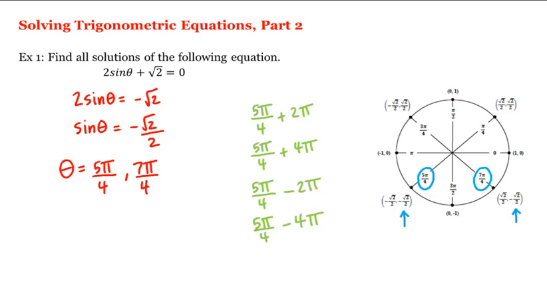The same thing with the coterminal angles of 7 pi over 4. All of those angles will also have sine equal to negative root 2 over 2. So not only will these two angles have sine equal to negative root 2 over 2, but also any of their coterminal angles.